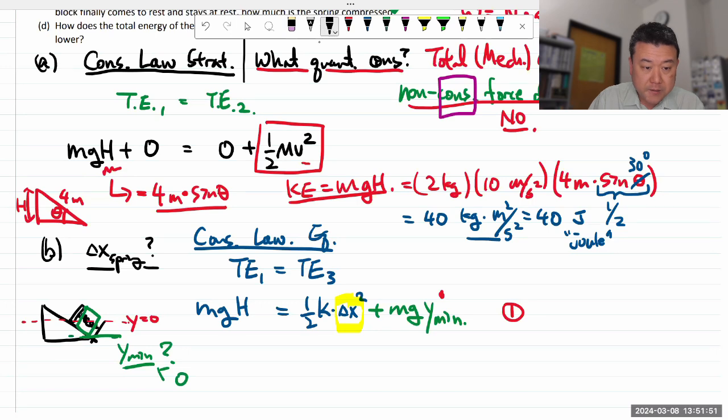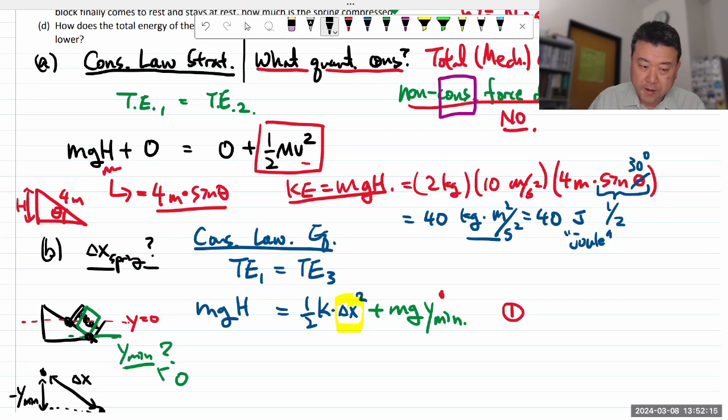Imagine plotting this point blown up. So that point to that point, this is delta x, and this is, let me call that y min, or minus y min if we expect y min to be a negative quantity.